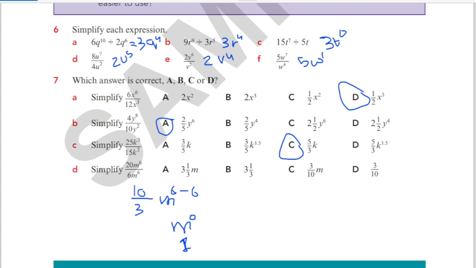So there will be no m, there will be simply 1. So 1 multiplied by 10 by 3, and you can simplify that 10 by 3 like this. 10 as a numerator, 3 as a denominator, 3 threes are 9, 1 is the remainder. So you can write them in a mixed fraction form, 3 and 1 over 3. So the answer will be B of question number 7 part D.